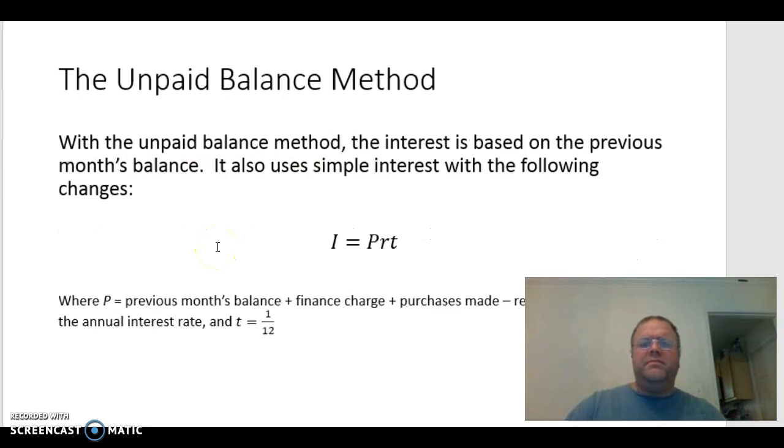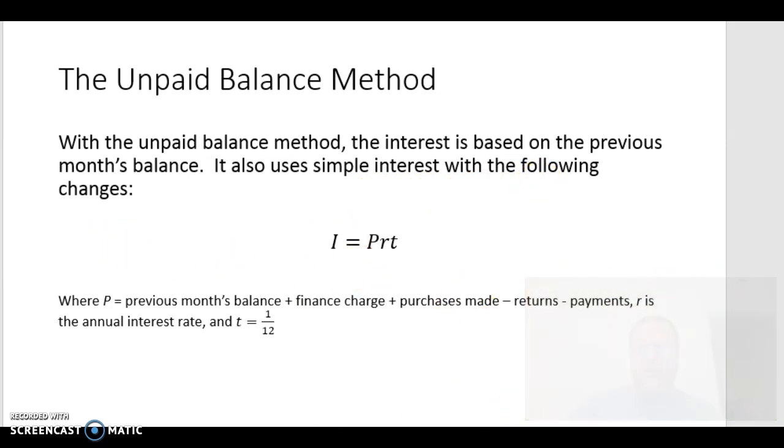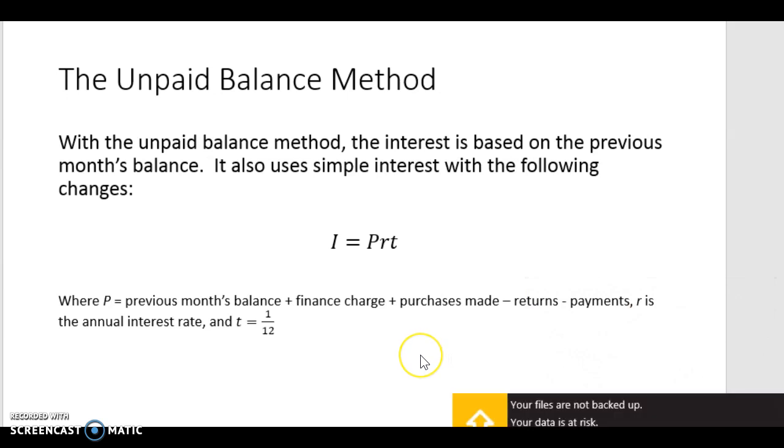There's also the unpaid balance method. With this method, you take the interest, which is based off of the previous month's balance, and it uses the simple interest method with the following changes. Let me change that so you can see that.